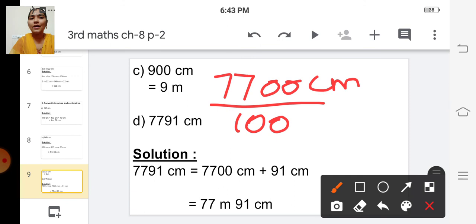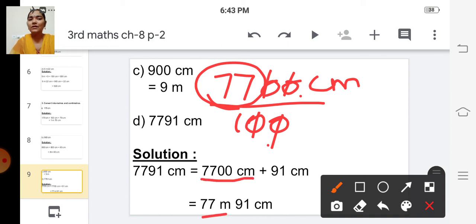So if we divide 7700 by 100, then cancel common number of zeros. Then what is the answer? 77, right? So 77 meter. So 7700 centimeter can be written as 77 meter and this 91 centimeters.